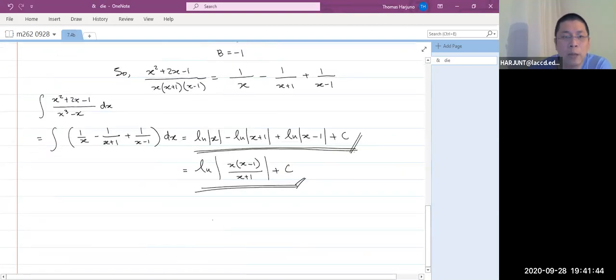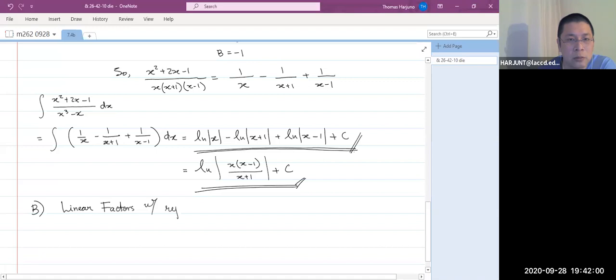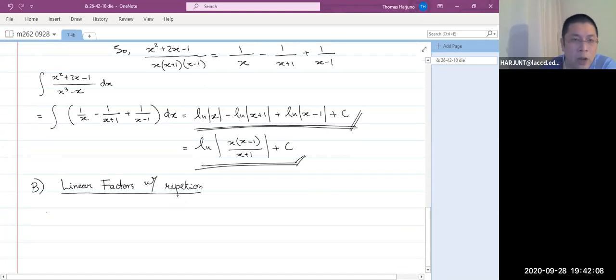Let's see what happens if the denominator has linear factors with repetition. Let me show the idea through an example.